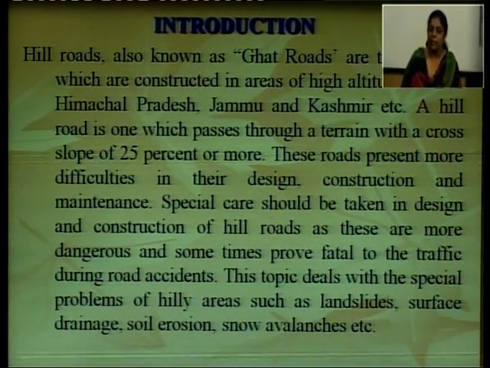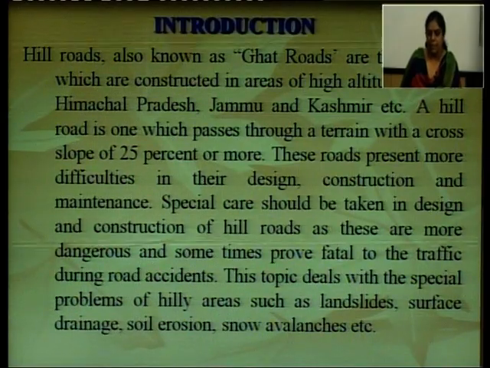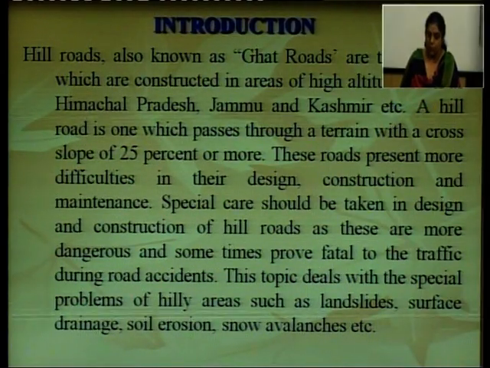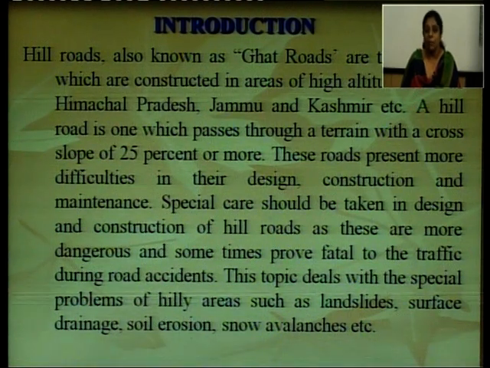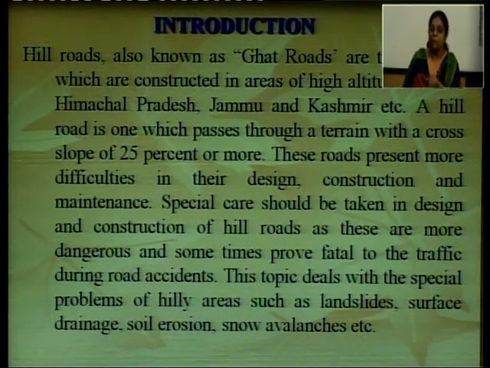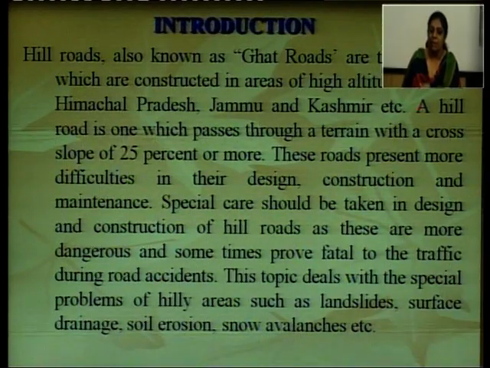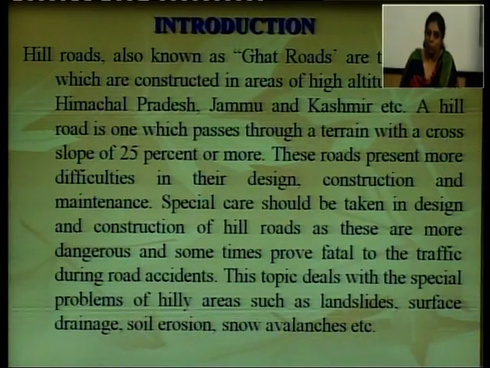You have seen slopes in the plains as well, because when we talk about vertical curves in roads in plains, a downward gradient sometimes meets an upward gradient, or an upward gradient meets a downward gradient, and there is a little bit of slope along the alignment of the road.